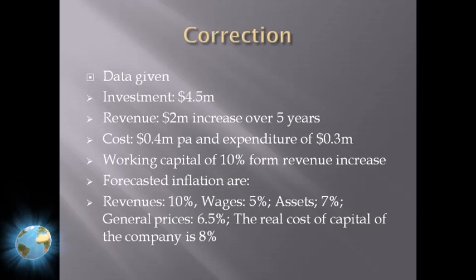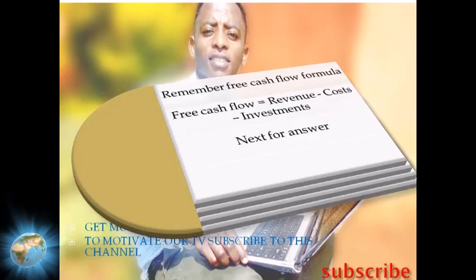So let us continue with the workings. Before going to the workings, you have to remember the free cash flow formula and the impact of inflation formula. The free cash flow is equal to revenue minus cost minus investment.